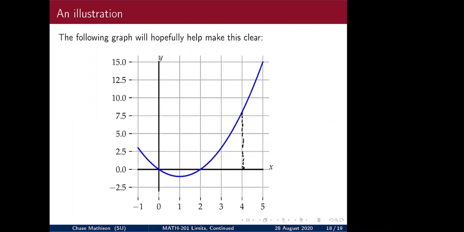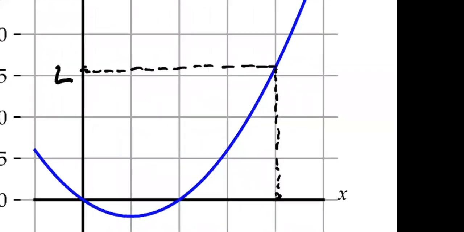The limit here is 8, but I'm just going to write L to keep things general. I come in, I say epsilon is 0.01. So let me zoom in a little bit. So here's L plus 0.01. Here's L minus 0.01.